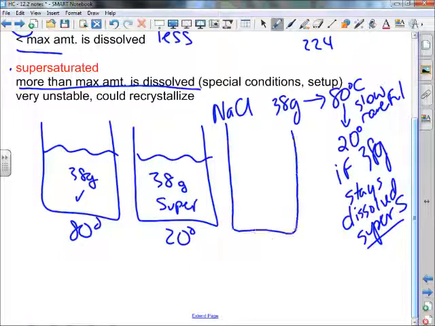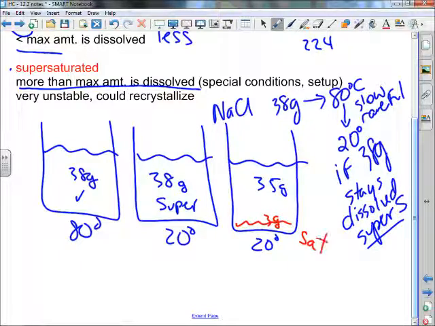But if at 20 degrees it's only 35 grams and there's 3 grams sitting at the bottom, this is not supersaturated. This is now saturated. I should say 35.9 to be specific. So, the difference between saturated, supersaturated, and unsaturated.